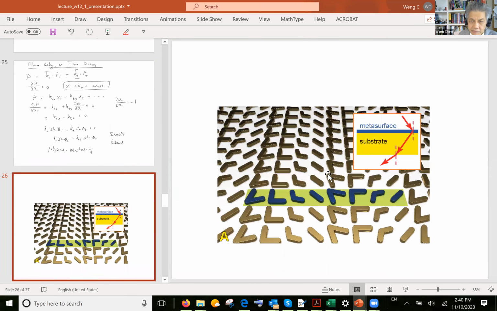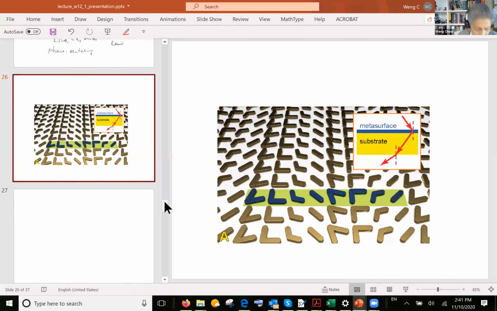If we are able to design a surface called a meta-surface, made of nanostructures that are much smaller than the wavelength, then instead of making the problem translationally invariant, I will have to add a phase function.